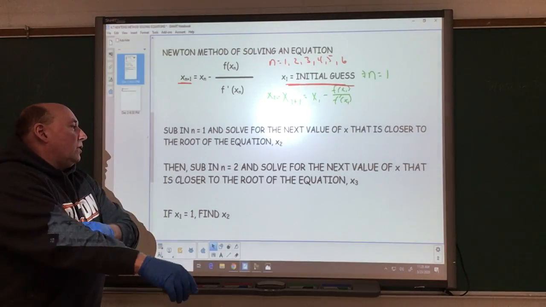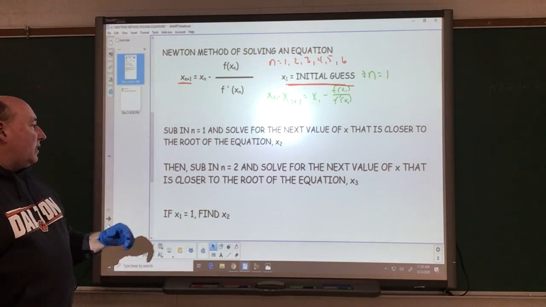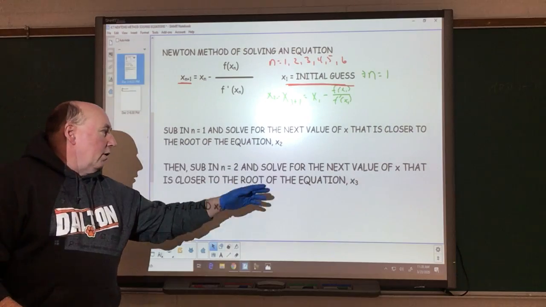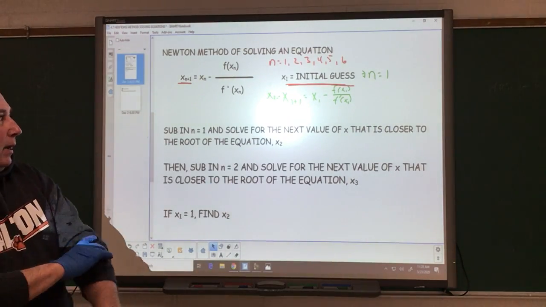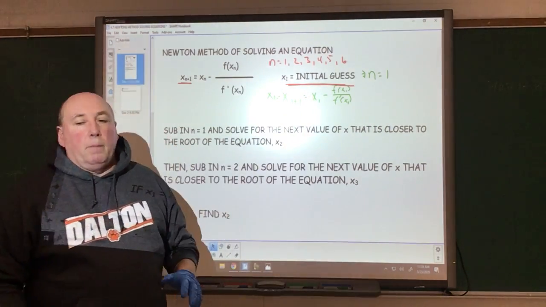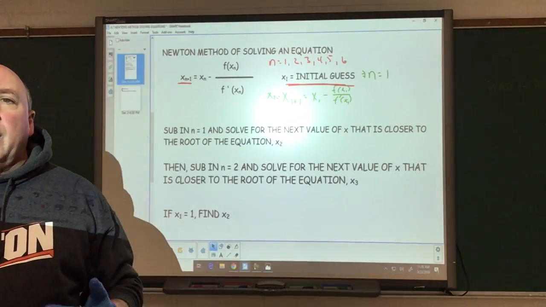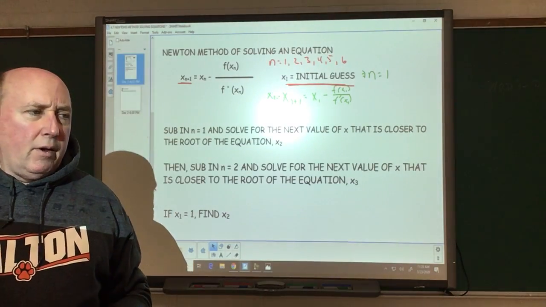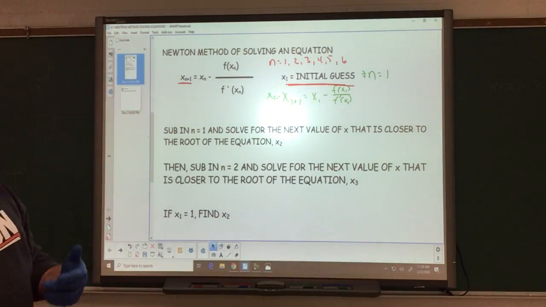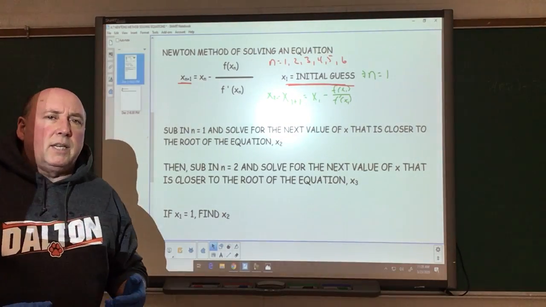You sub in n equals 2, it solves for the next value of x that will be closer to the root of the equation, that would be x3. And that's what I signified up here. So you just continue to put in another n value, and another n value, and then you will get your next guess value.